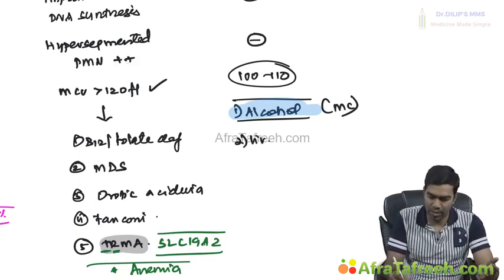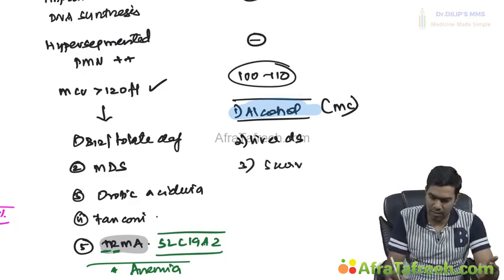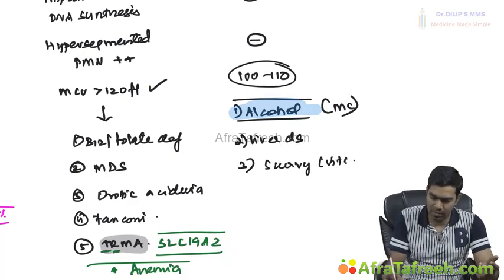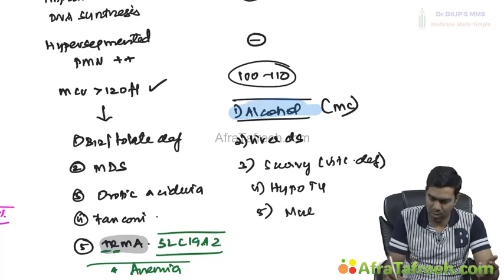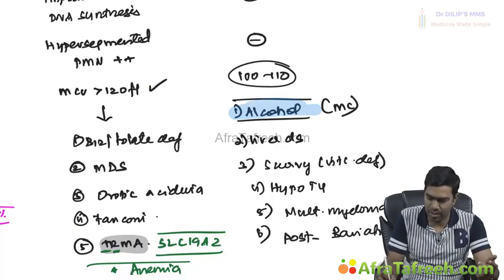Apart from that, you might get it with liver disease, with scurvy, that is due to vitamin C deficiency, with hypothyroidism, with multiple myeloma, in patients who have undergone bariatric surgery, which is again very common, and with Down syndrome.